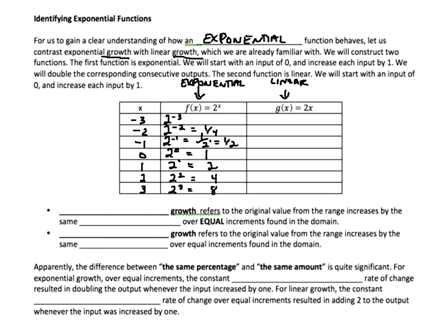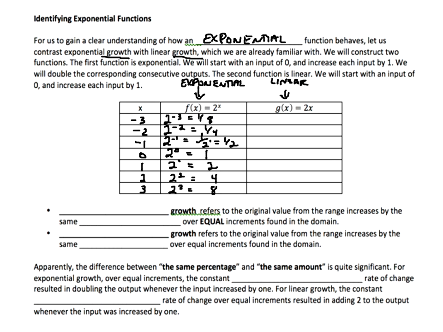And 2 raised to the negative third power is equal to 1 over 2 cubed, which we know to be 1/8. Okay, so that's how this exponential function is behaving here.